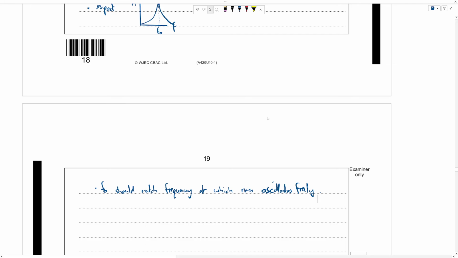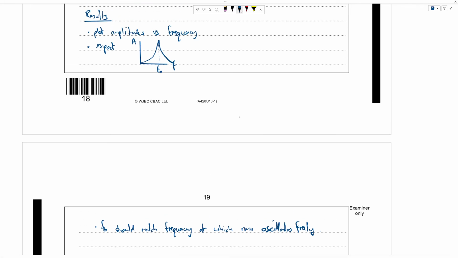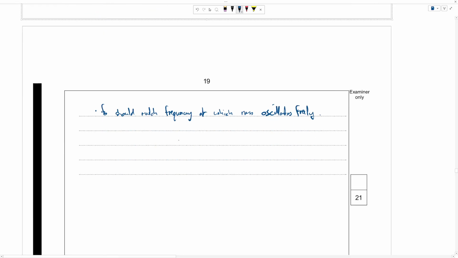Something along those lines. So I would add a little bit of detail about describing this, and this effect is called resonance. And that's about it.